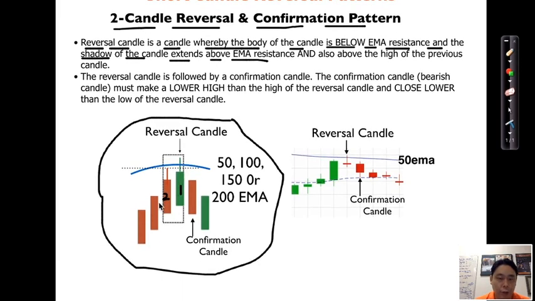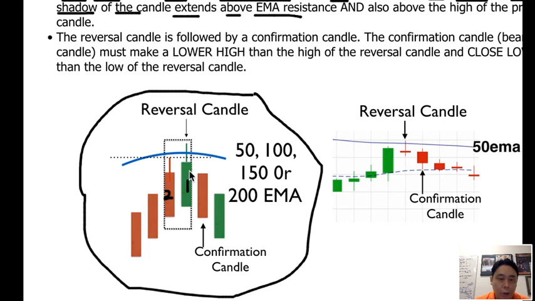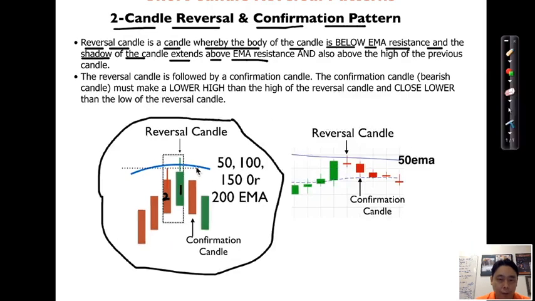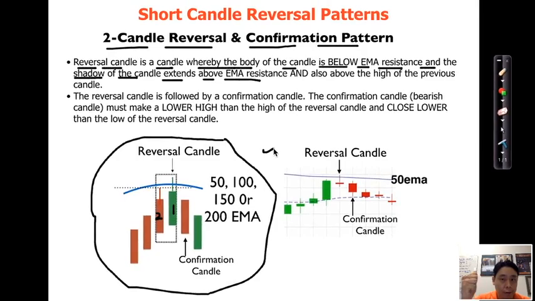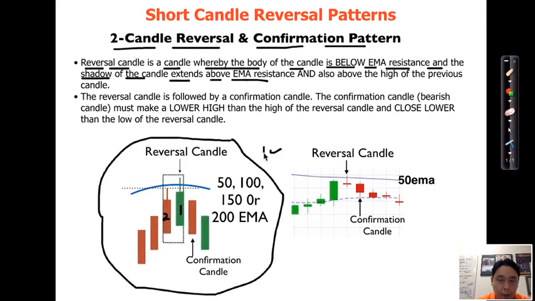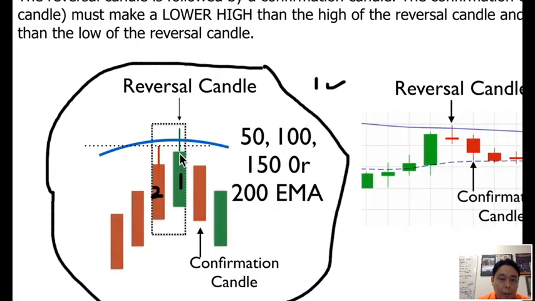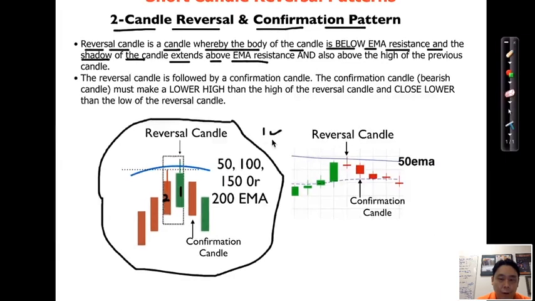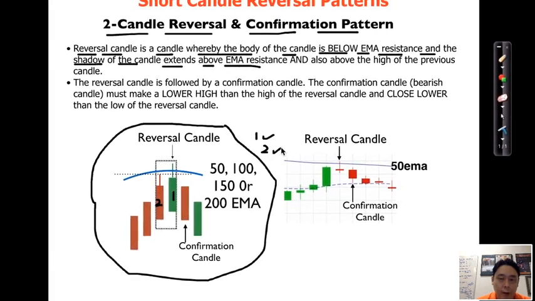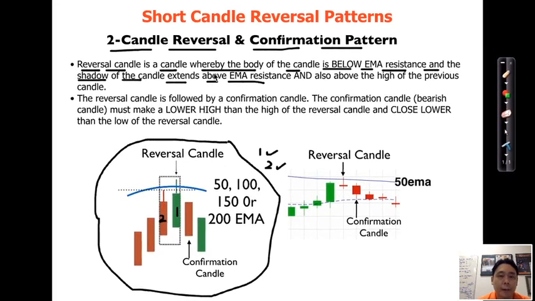So let me show you what that means. So what it means is that the reversal candle, the body of the candle must be below the moving average. Right? Check. Criteria 1. Criteria 2. The upper shadow of the reversal candle must cut the moving average. Criteria 2. Check.